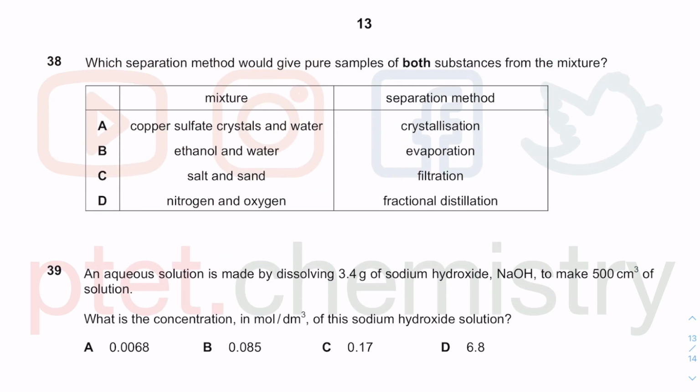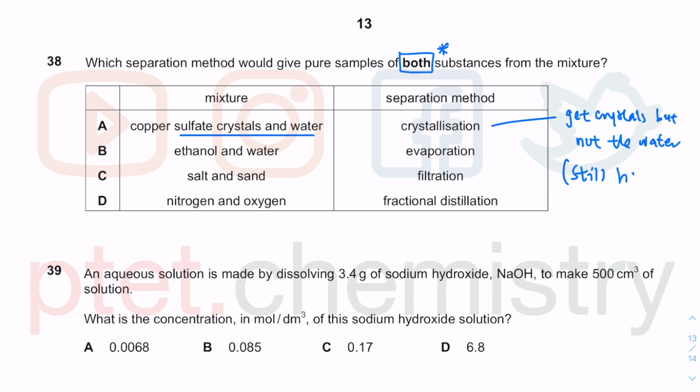Question 38, which separation method will give pure samples of both substances? So you want both substances. If you get copper sulfate crystals and water, crystallization gives you the crystals but not the water, because we still have the saturated solution, and that is why we filter and wash, but we don't get the water.